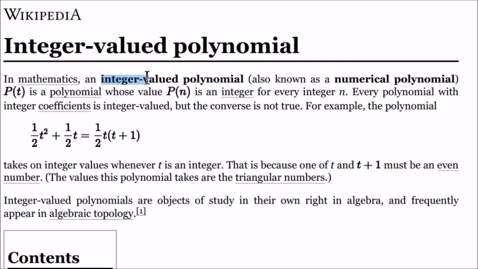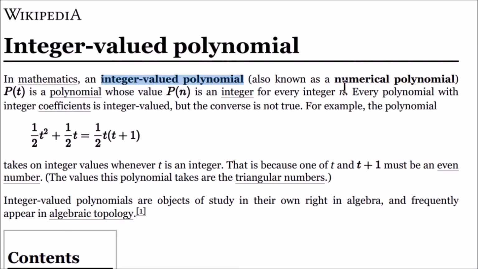But in addition to those, the numerical polynomials include polynomials where every value at integer arguments is an integer, but the coefficients are not all integers. And that's a bigger set of polynomials then.